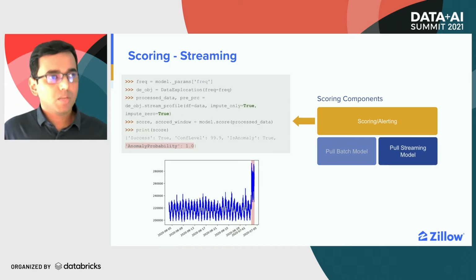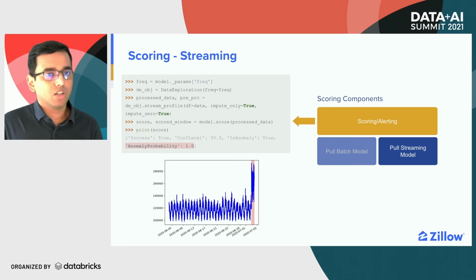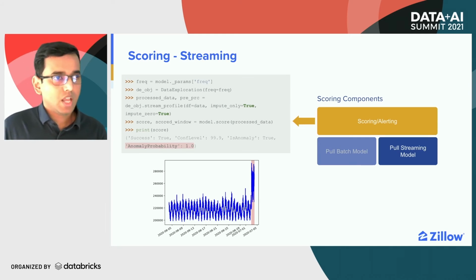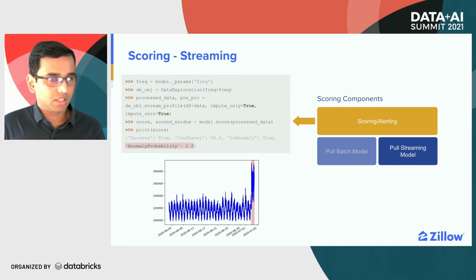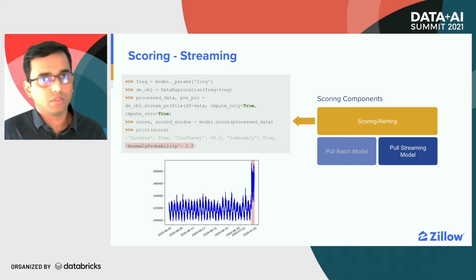Also, in the streaming scenario, instead of scoring a time point, you can score a window. So you can have a trained model for the streaming use case and pass a time window in the scoring function. You can get the time window score, and this will give you information like anomaly probabilities and so on.